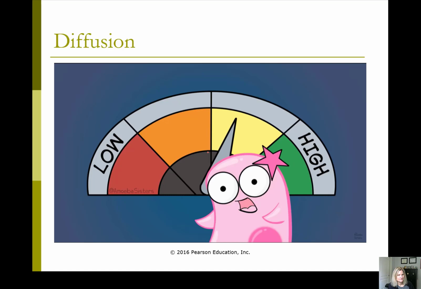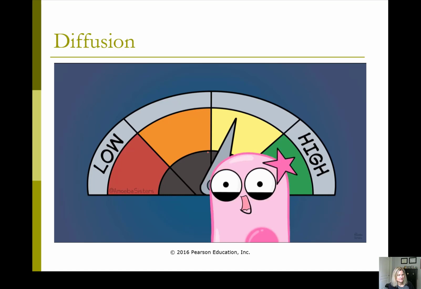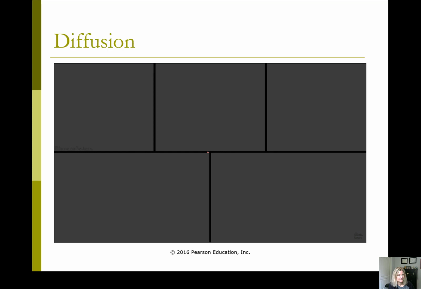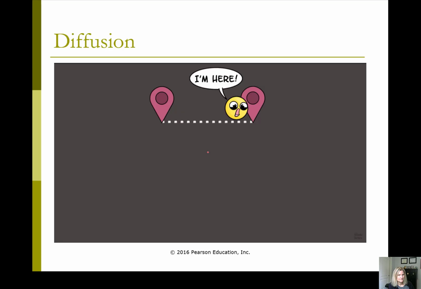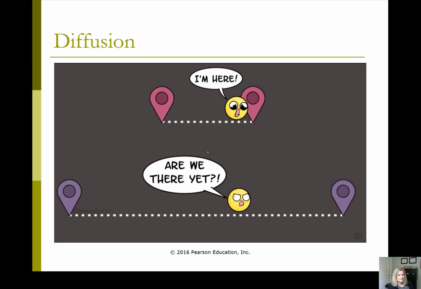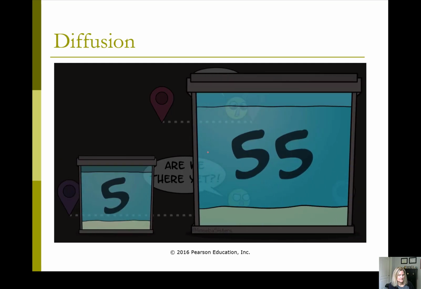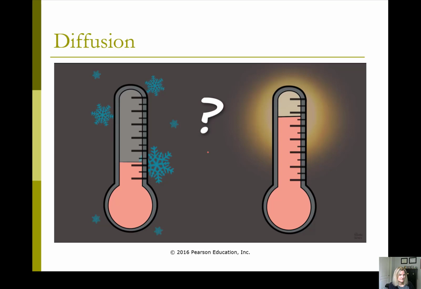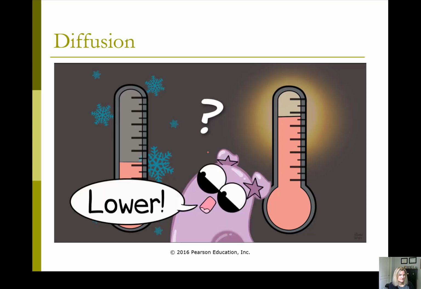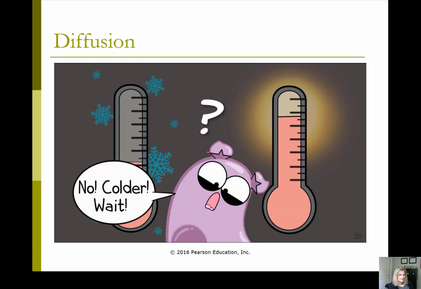Now, there are factors that can affect the rate of diffusion. We'll mention just a few of them when considering these small molecules here, diffusing in simple diffusion. Distance. The greater the distance that needs to be traveled, the slower the diffusion rate. For example, you could observe a difference in a 5-gallon tank versus a 55-gallon one. Temperature. Okay, really quick, would you think a higher temperature or a lower temperature would increase the diffusion rate, assuming everything else is constant for the point of the comparison?